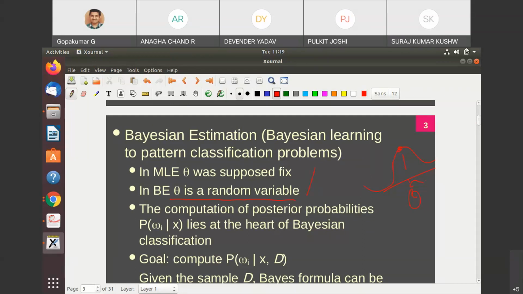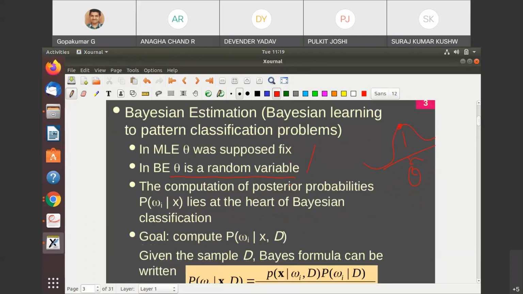Anyway, the most important concept here is the Bayesian classification that we have already seen. Whether we are estimating the theta cap value by MLE estimation, or MAP, or using Bayesian parameter estimation, finally what we are trying to find out is the computation of the posterior probability.